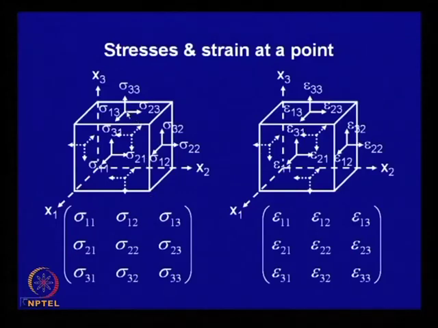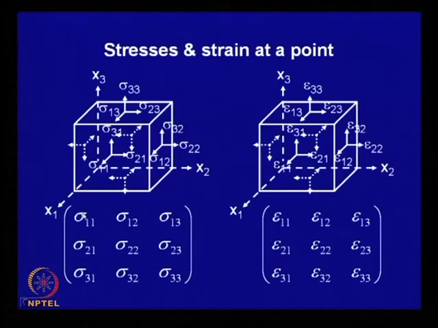Similarly, the torque which is generated by sigma 1 3 should be balanced by the torque generated by sigma 3 1. So, that means sigma 1 3 should be equal to sigma 3 1.